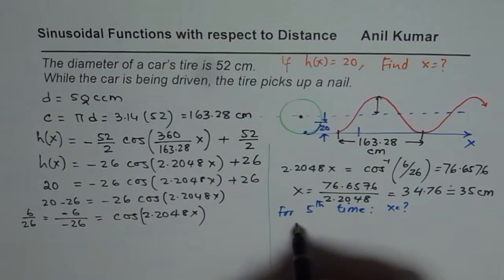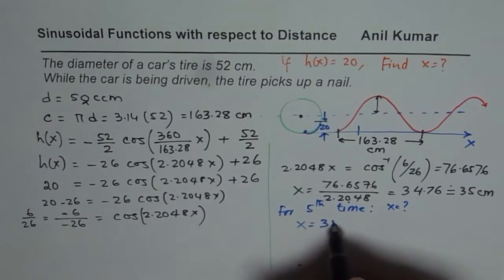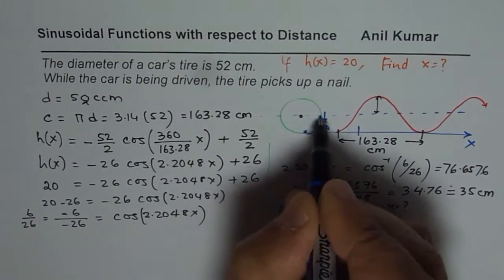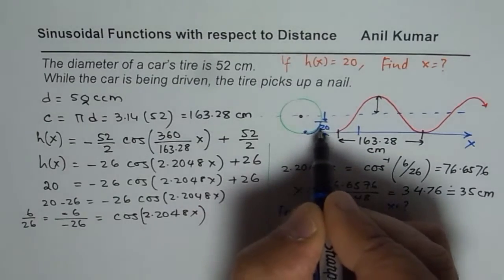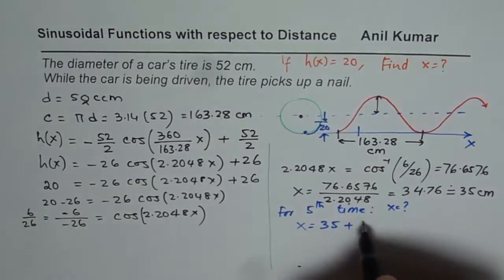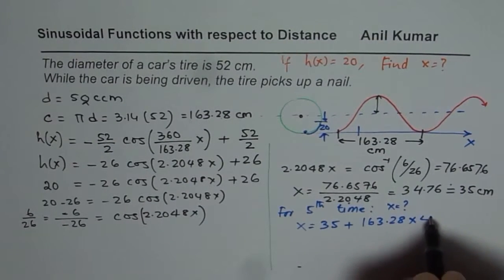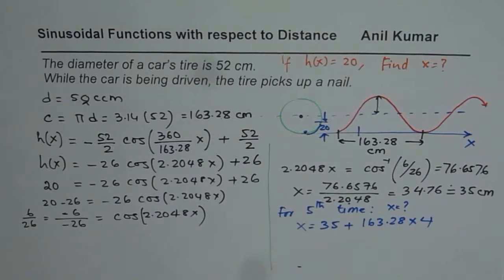So for the fifth time, x will be equal to 35 centimeters, that is for the first time, plus so many full circles. Every full circle is 163.28, so you could say 163.28 times 4. Is it okay? This is multiplication, not x.